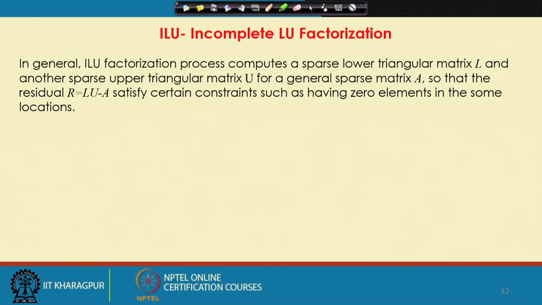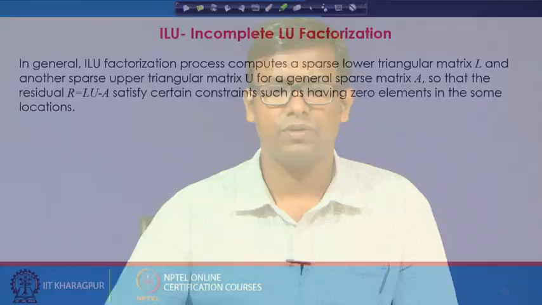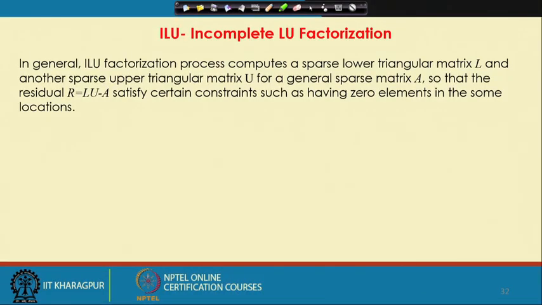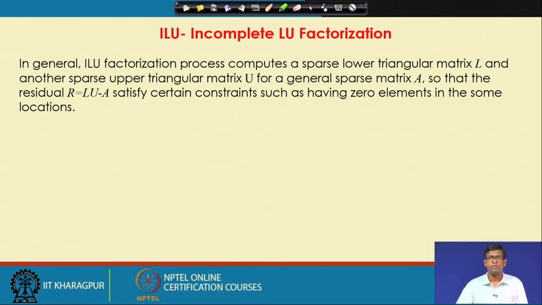In general, an ILU factorization process computes a sparse lower triangular matrix L and another sparse upper triangular matrix U for a general matrix A. A similar thing we obtained from the SGS preconditioning also.